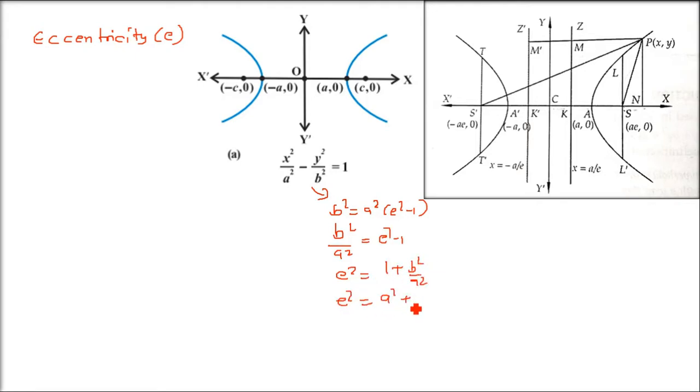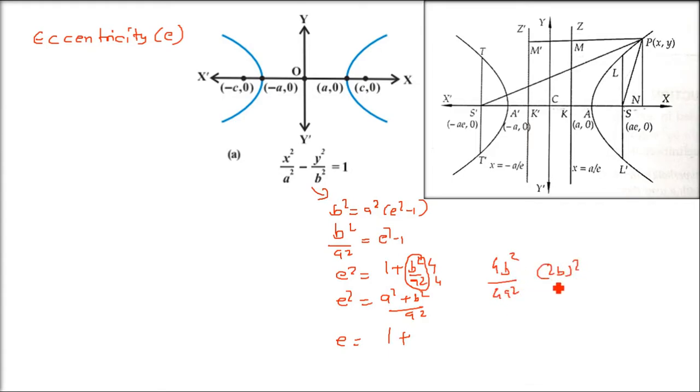You don't have to do this, I'm just doing it. This b square by a square, let us multiply 4 in the numerator and 4 in the denominator. So now you get 4b square by 4a square.